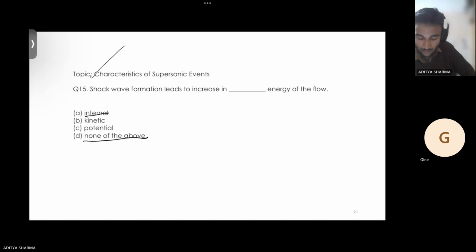So the answer to this question is option A: there will be an increase in the internal energy of the flow as it moves across a normal shock.